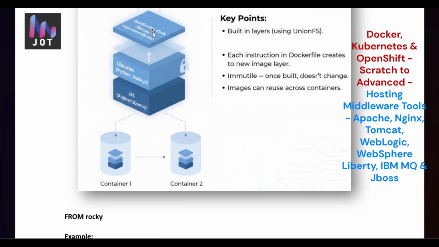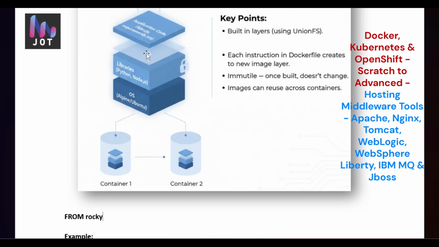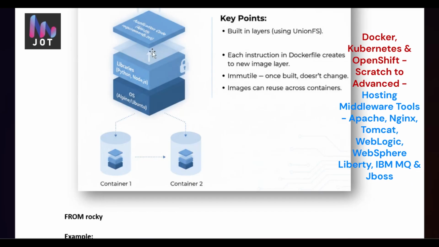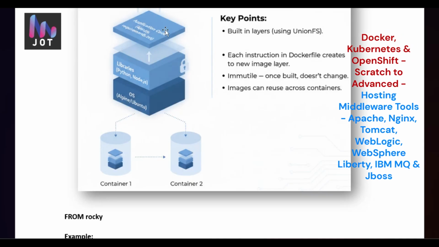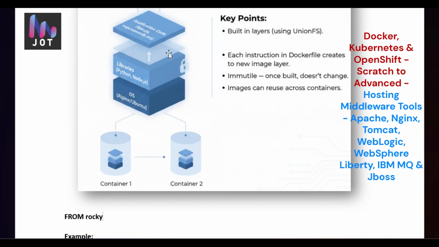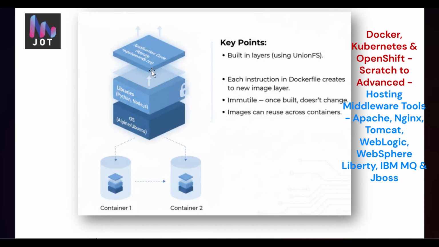But I want to run 5 Nginx servers. With the help of this single image, I can simply run multiple containers. That is reusability: once you have created a Docker image, you can create multiple containers out of a single Docker image.